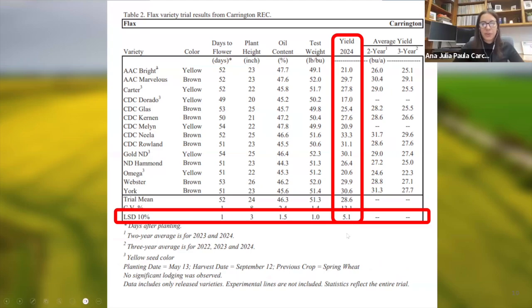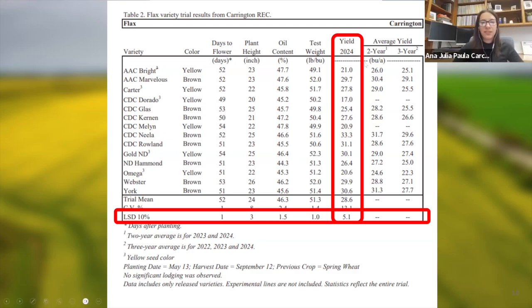So when we cross this row and this column, we see this 5. And what it actually means is that for two of these varieties to be actually different, they have to be at least 5 bushels per acre apart.